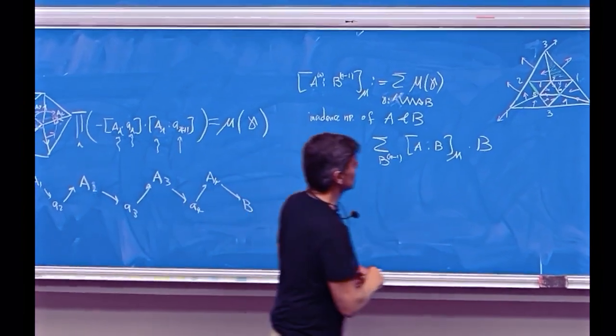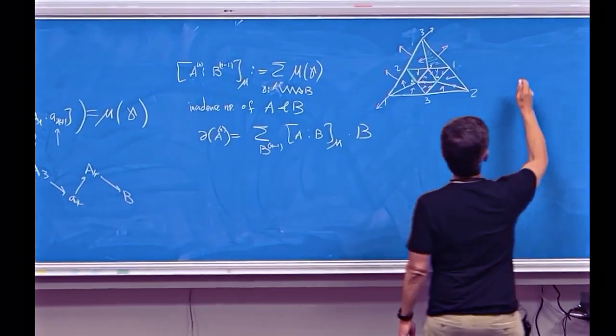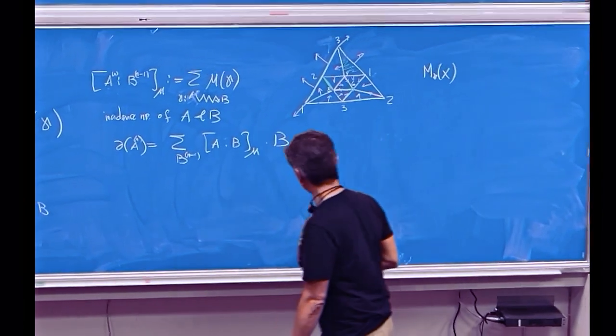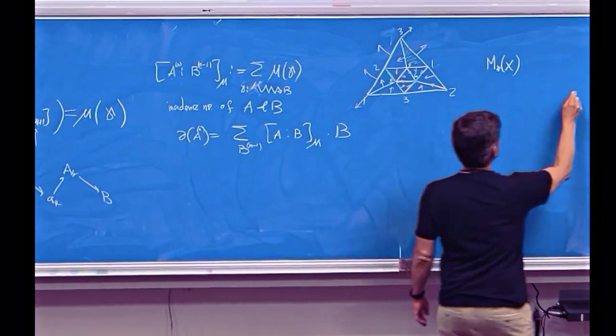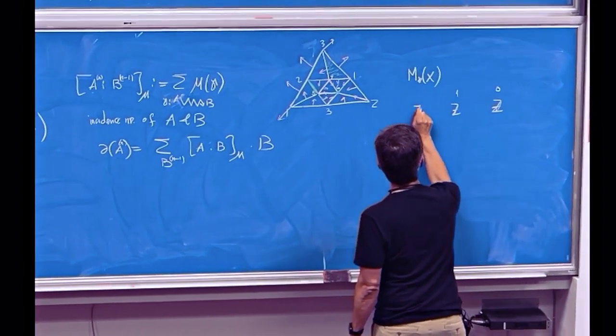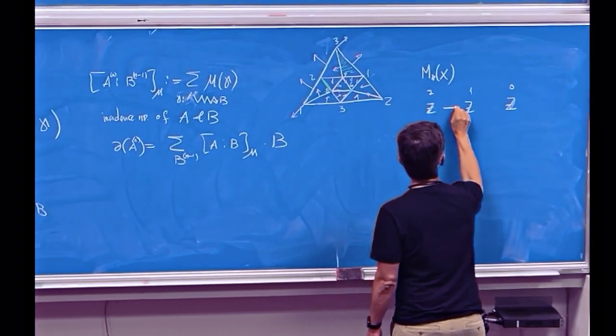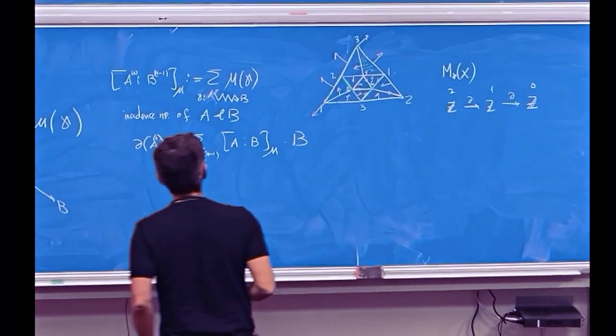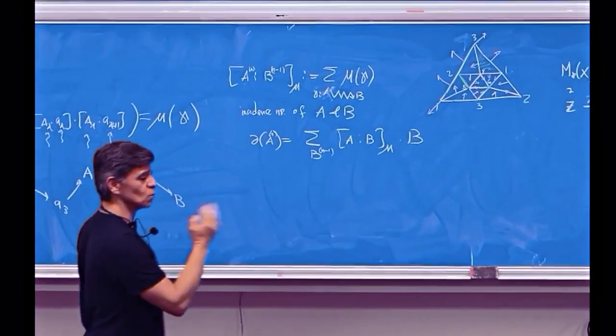All right, so if I do this in this situation, the corresponding Morse chain complex has a Z in dimension 0, a Z in dimension 1, and a Z in dimension 2, and I need to count gradient paths from those guys.